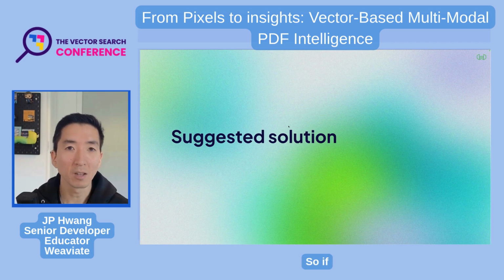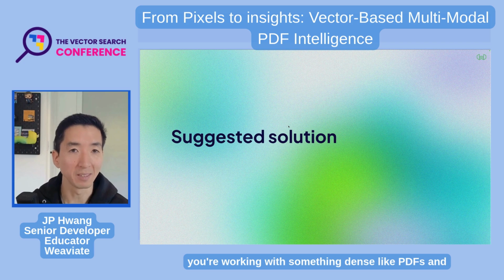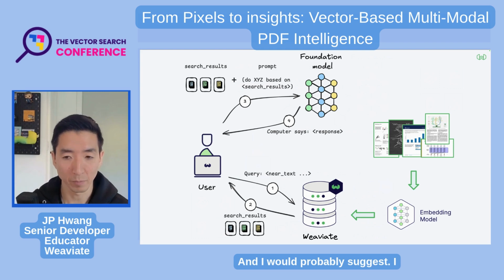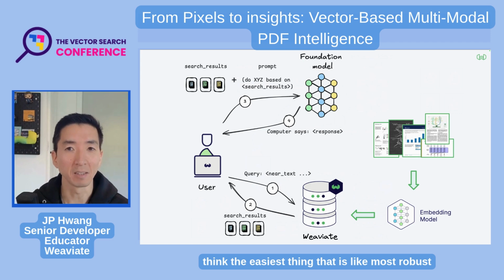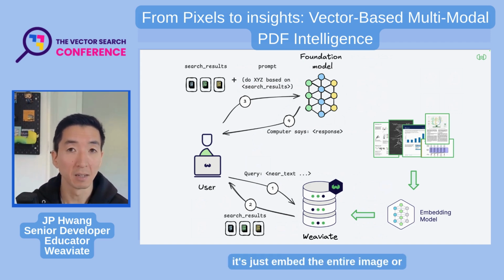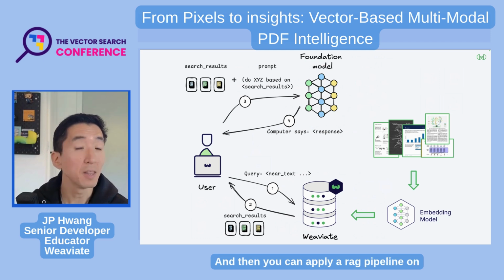So if you're working with something dense like PDFs and so on, this is the kind of stack I would use and probably suggest. I think the easiest thing, which is most robust and not brittle, is to just embed each entire image into an embedding model and save that into your database. And then you can apply a RAG pipeline on that set of data and get the results as you saw in the app.